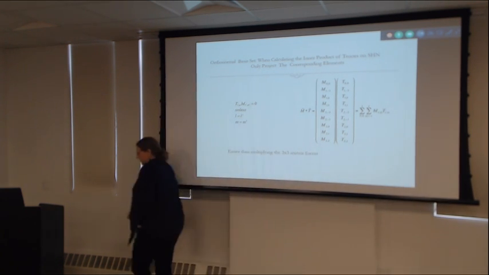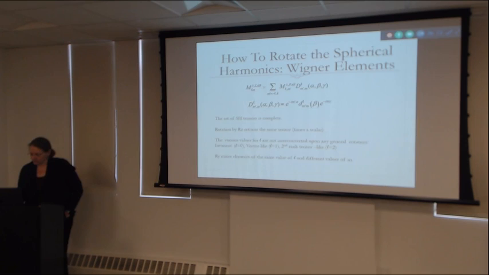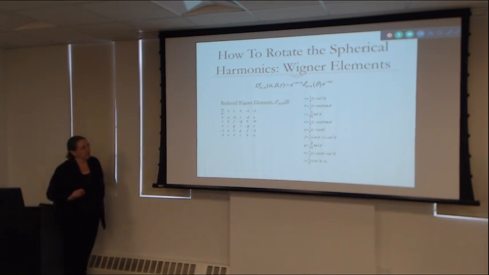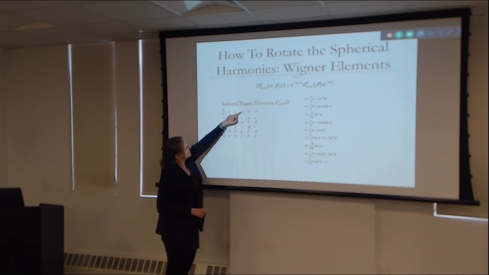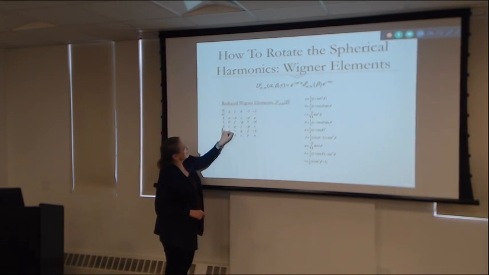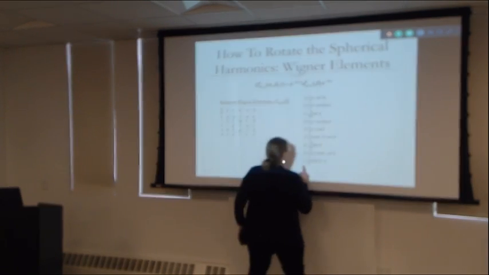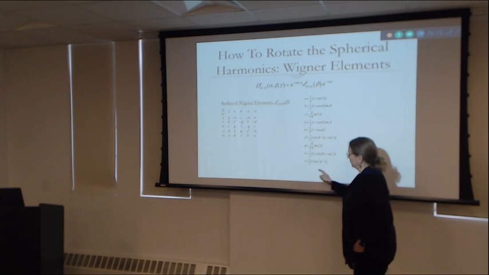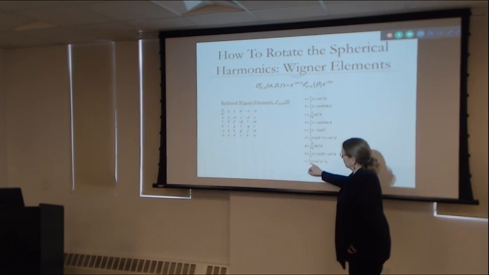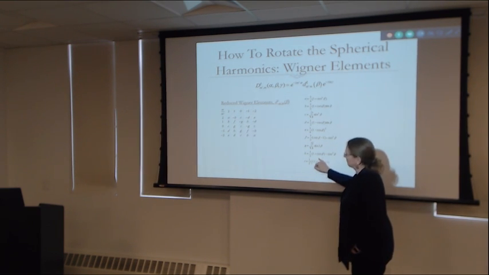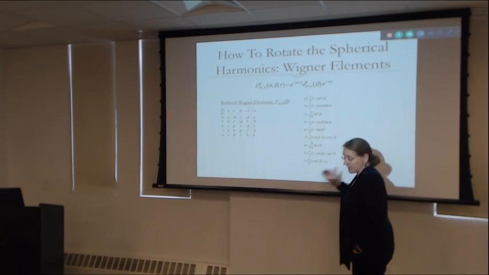That's the functions that was in that table. That's the answer to that question. If I rotate, and I begin, for example, with L equals 2, M equals 0, this is the answer to how much of L equals 2, M equals 0 I'm going to have after the rotation. It's a very famous function called P2 cos theta, or the second Legendre polynomial. So if I rotate through an angle beta, this is how much will be left of that spherical tensor.